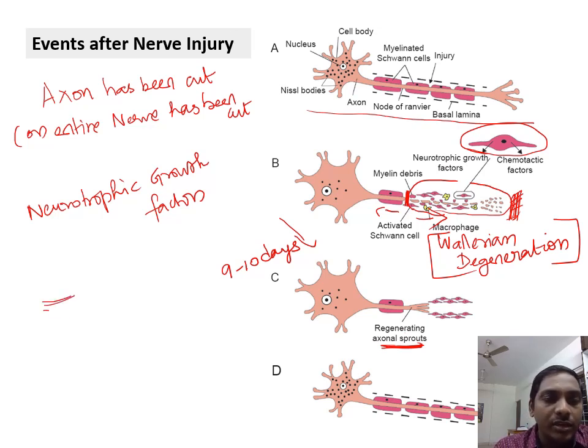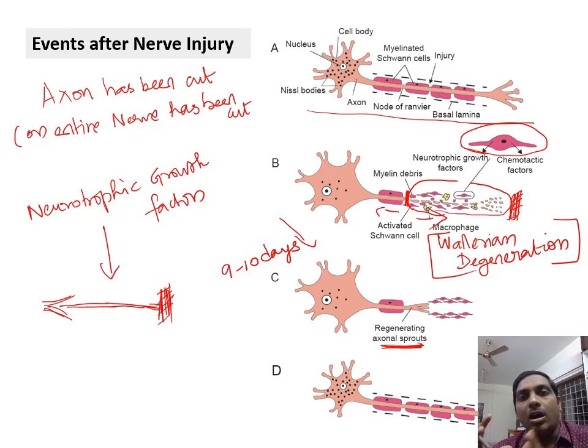So the sprouting axons from the end will regenerate and finally innervate the muscle or the target they have to innervate. So these neurotrophic factors will allow the axons to go in the pathway as desired. This concept is called neurotrophism.